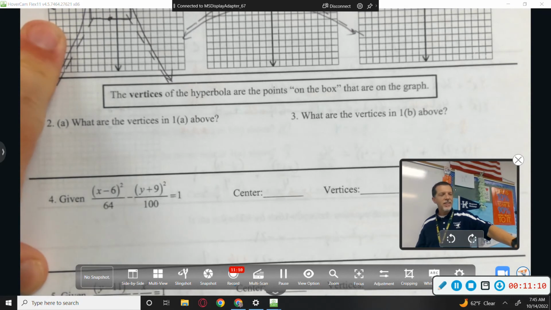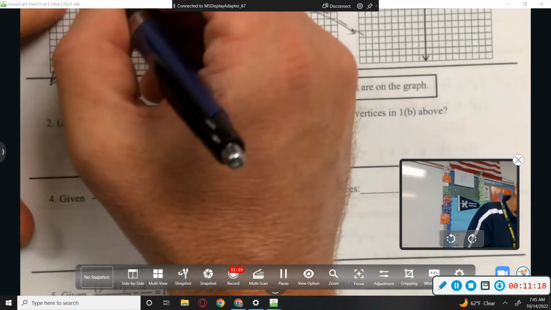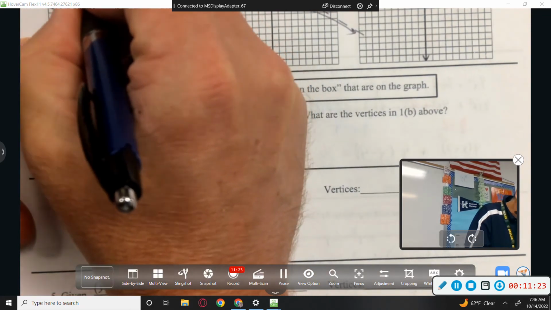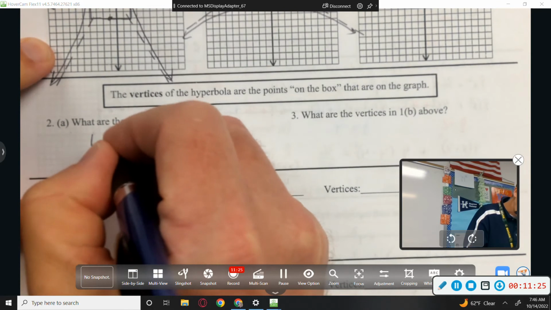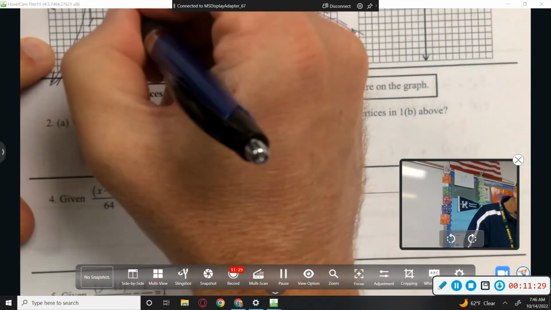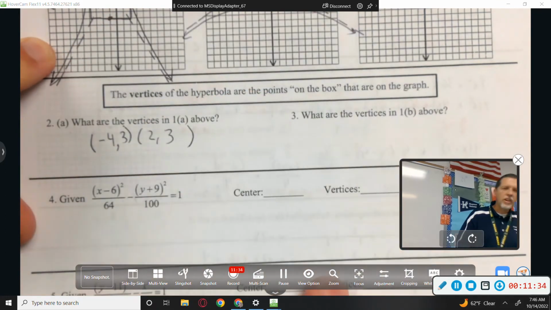If you look in books, there's formulas about it's h plus a and k minus b, or just look at the graph. So that would be -4, 3 is one of the vertices, and 2, 3 is the other vertex, I guess.